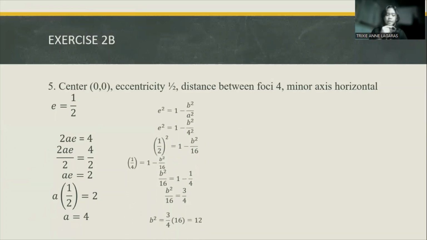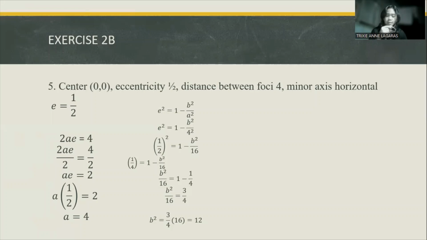That will be our letter A. So for B, we have e squared equals 1 minus b squared divided by a squared. So substitute lang natin yung mga pwede na substitute. So 1/2 squared equals 1 minus b squared divided by 16.